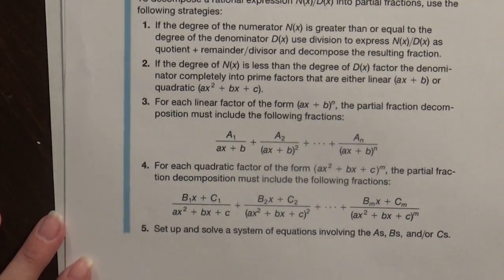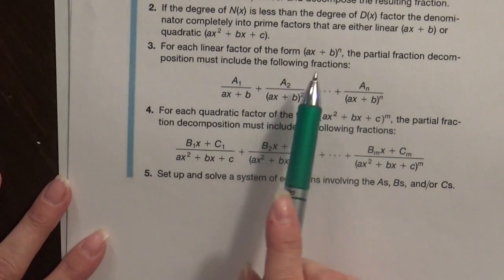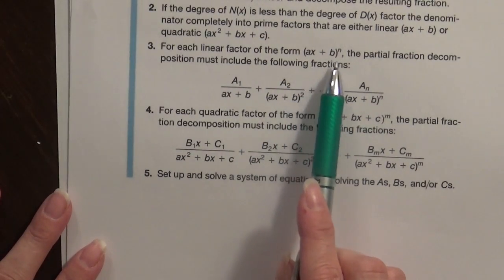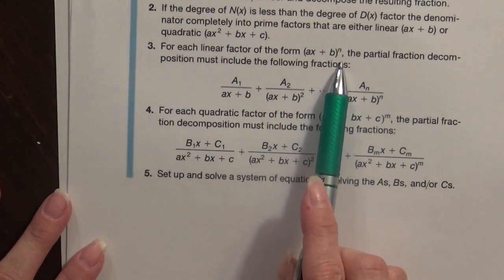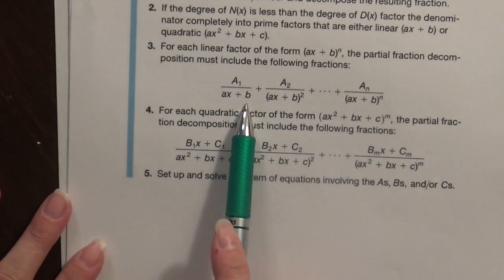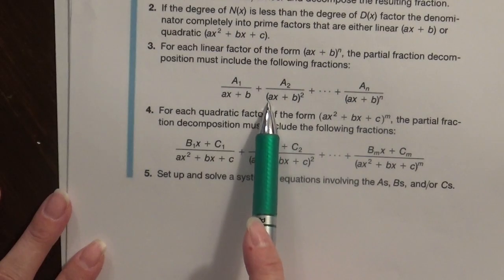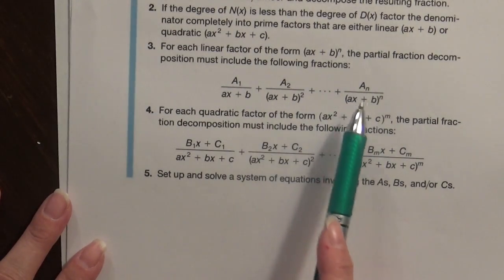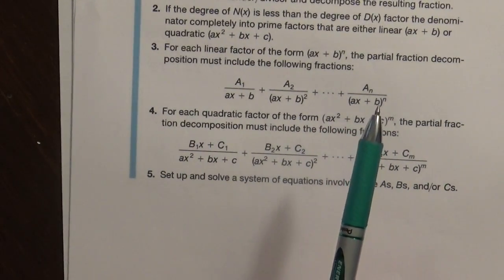And then for part 3, it states for each linear factor of the form ax plus b to the n, the partial fraction decomposition must include the following fractions: A sub 1 over ax plus b plus A sub 2 over ax plus b squared, etc. So what is this really saying?